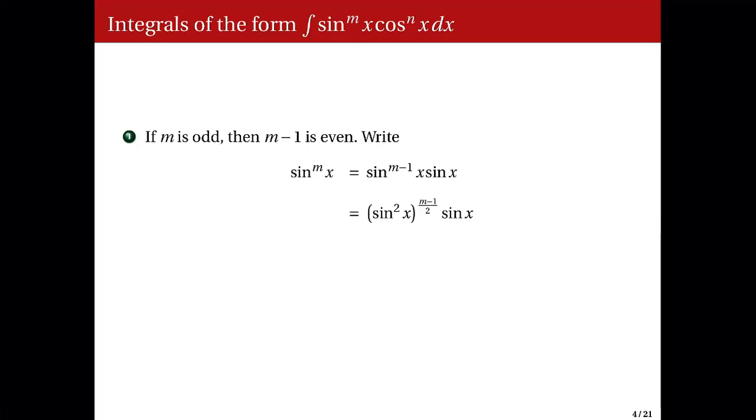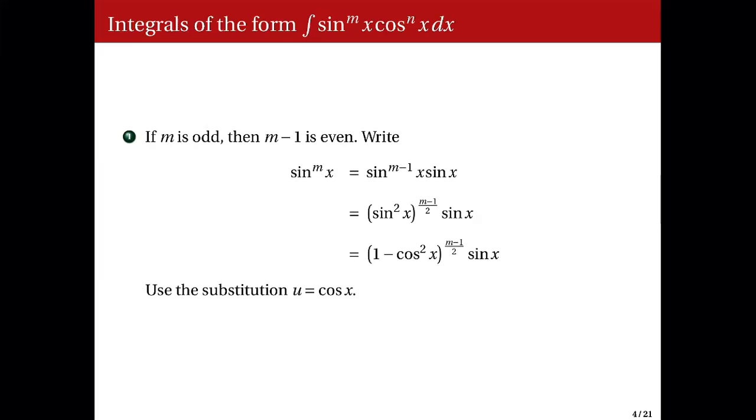Therefore, this sine squared x, replace it in terms of cosine. You have 1 minus cosine squared x, raised to m minus 1 over 2, of course, and then you have here your sine x. Then you can now let u be equal to cosine x.